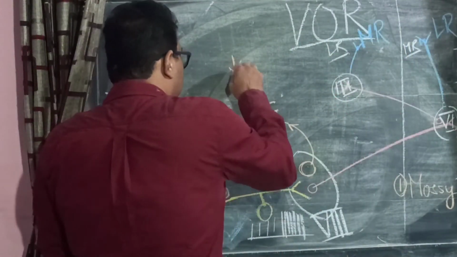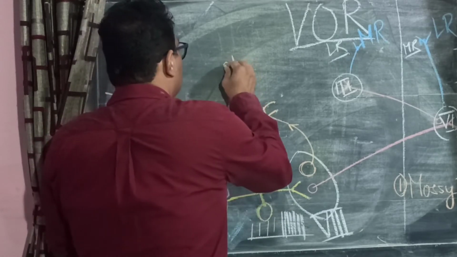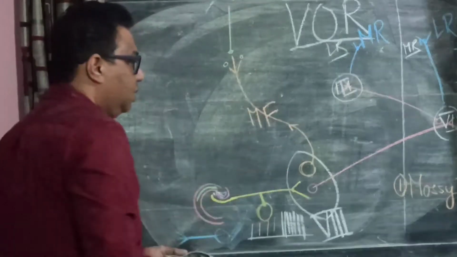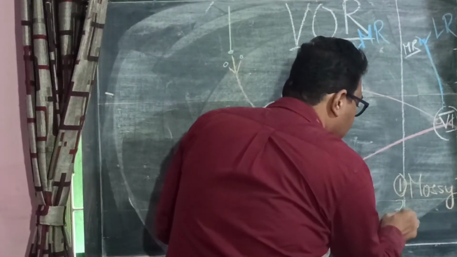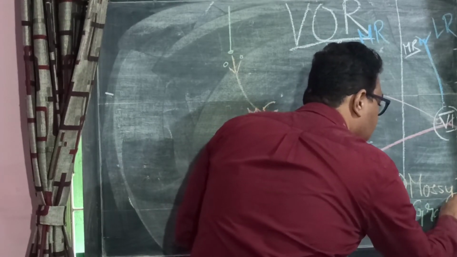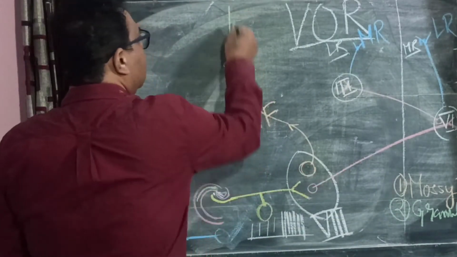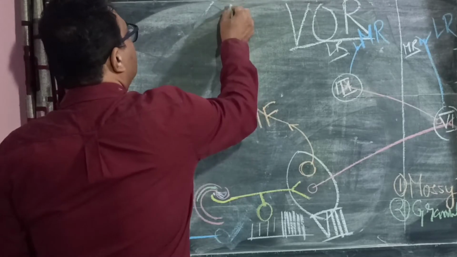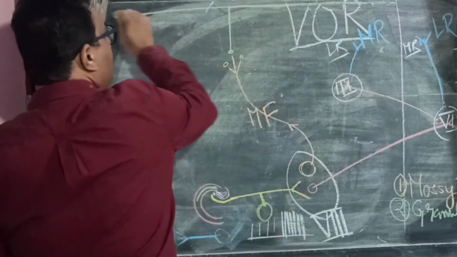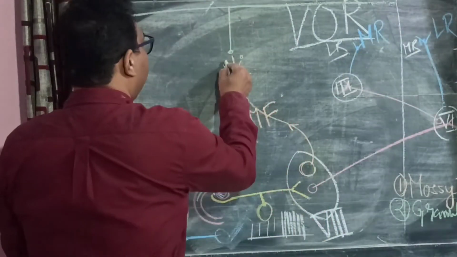The mossy fiber will now synapse with the granule cells. Interestingly, the granule cells divide into two long axonal ends, like the wires of a telegraph.